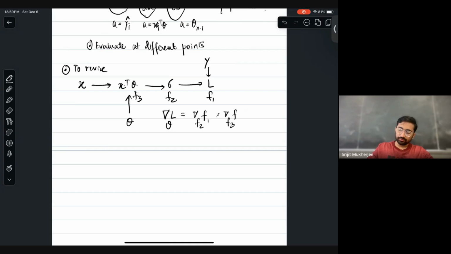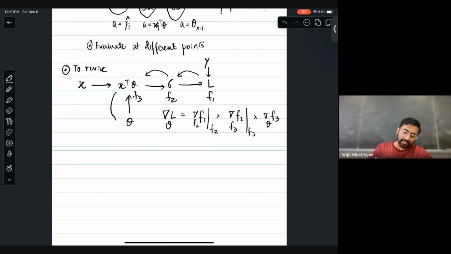Delta F3 of F2, or what I'm saying is delta F1 evaluated at input as whatever the F2 output is, times delta F2 of F3 evaluated at the F3 output, times delta F3 of theta. So what's happening is that you calculate this backward, the value is going backward, and then finally it's updating here.